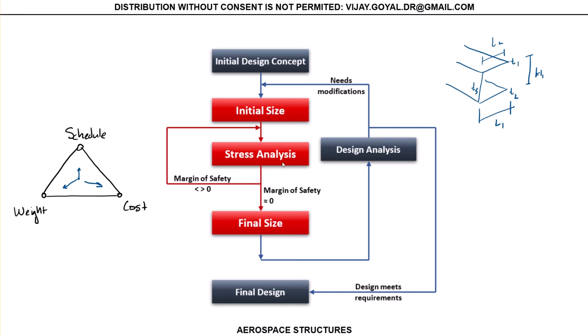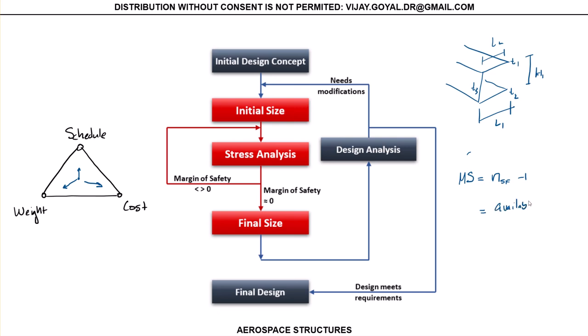So with that said, we start with the initial design, we do the stress analysis and make sure the margin of safety is close to 0. Margin of safety is nothing else, I'm getting ahead of myself a little bit, than the factor of safety minus 1. Okay? And the factor of safety is nothing else than what is available versus the load, right?